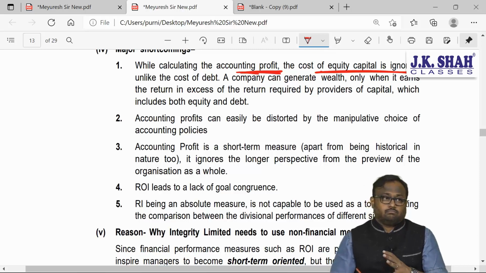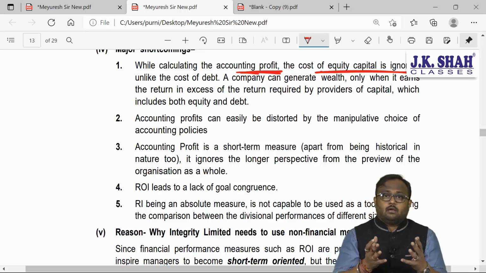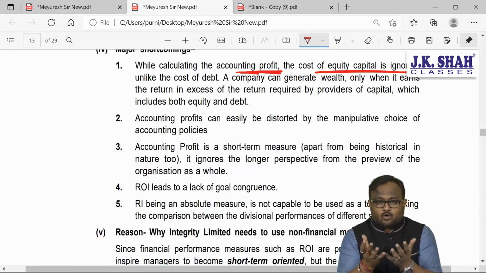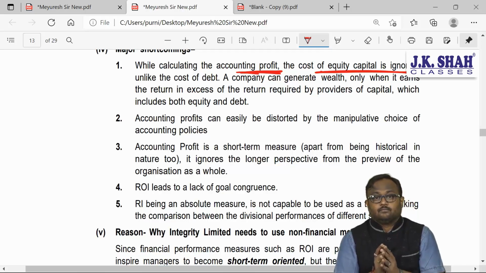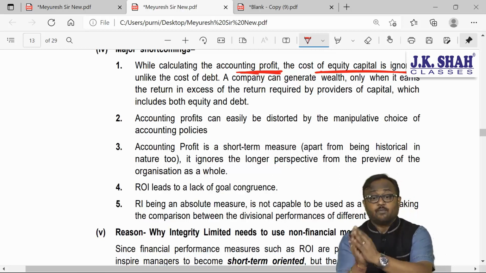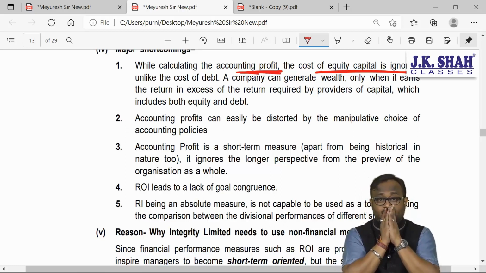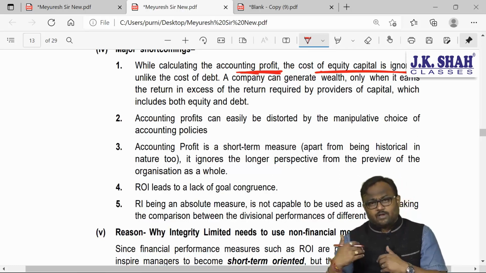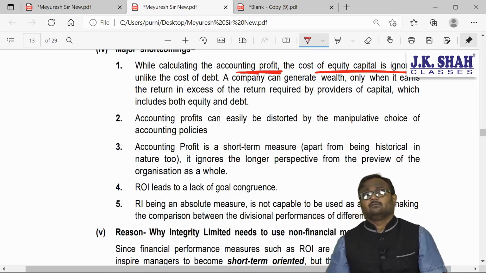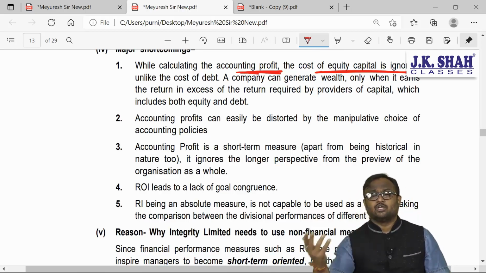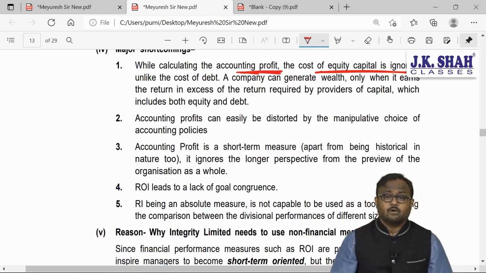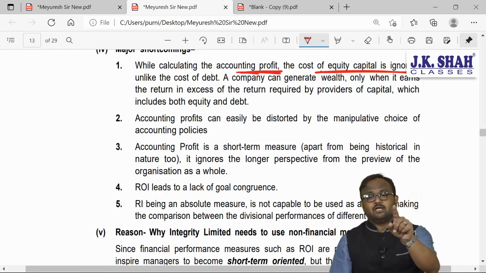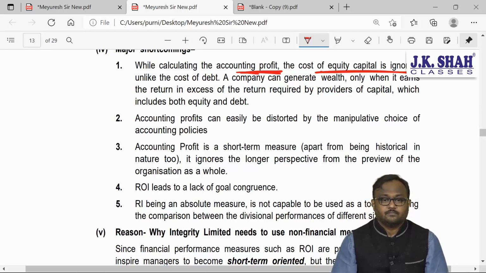Now, your company can generate a wealth only if you have surplus left after paying dividend. After paying interest, after paying dividend, there is a final amount payable to the shareholder. Thereafter, also if you are left with some surplus, it will be considered as your real profit of the company.